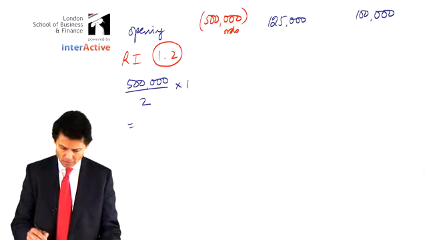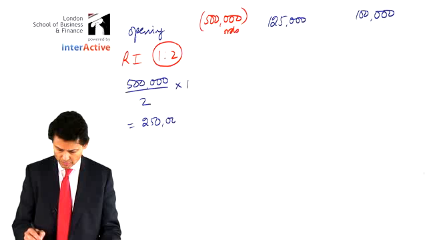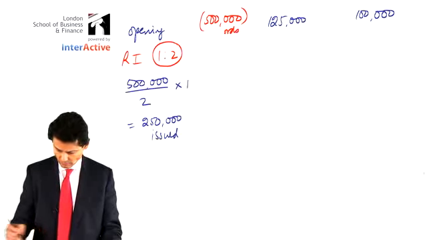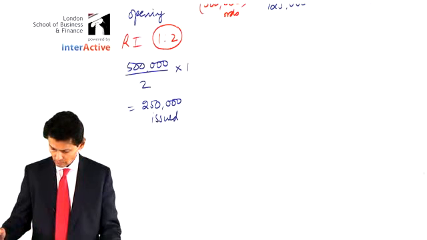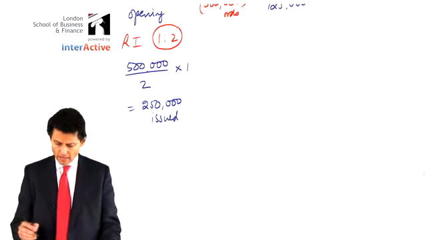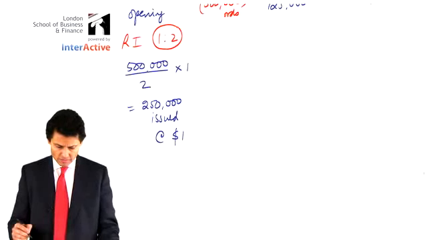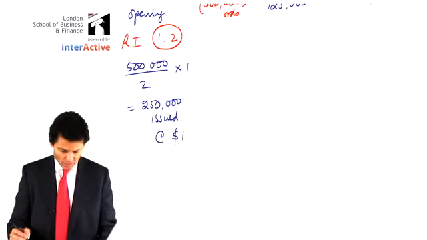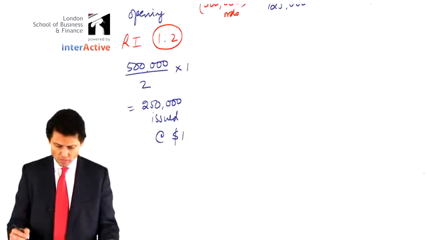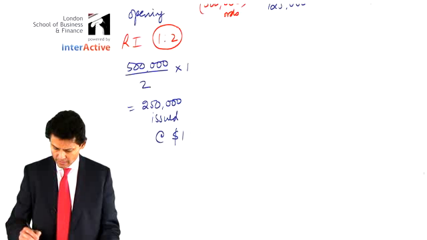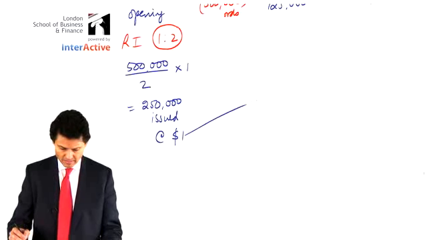So this is about 250,000 issued. Now, it's issued at the rate of $1 each. So I reckon out of that $1, 25 cents must go to share capital. So I'm going to bring in 25 cents.